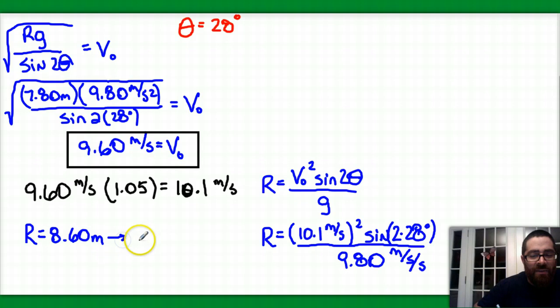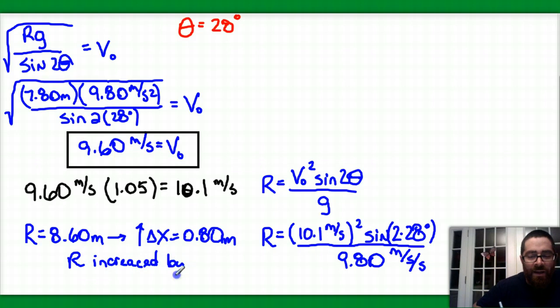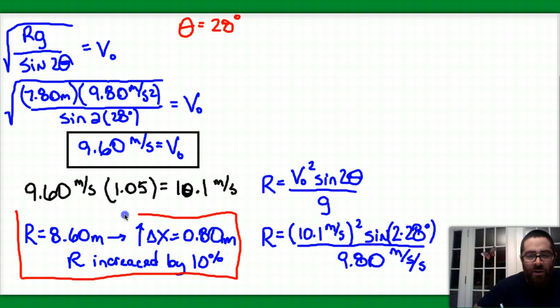Therefore, I can say that my horizontal displacement, or my range, has increased by about 0.80 meters. And I can ultimately answer the question by saying that my range has increased by about 10%. And so the final answer to part B would be all of this information here in the red box.